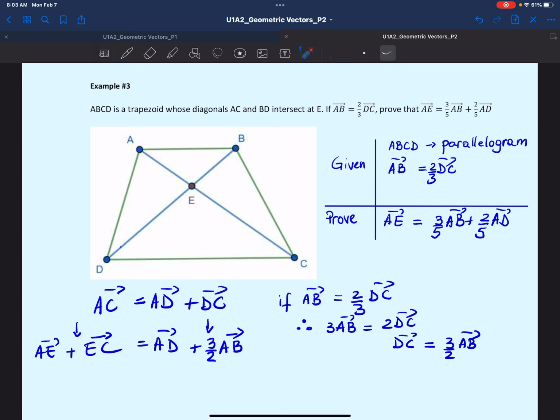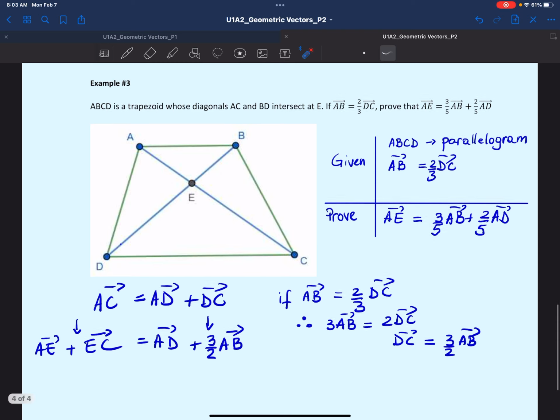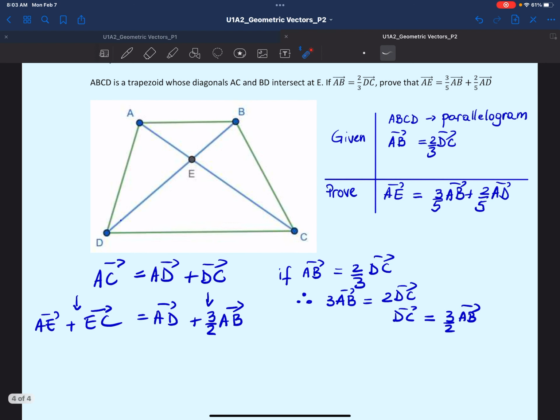One little thing that takes a bit of time, practice and intuition to figure out is how to express EC in terms of AE. This is where the geometry knowledge from grade 9 will help us. Notice that here we have two parallel sides, AB and DC.